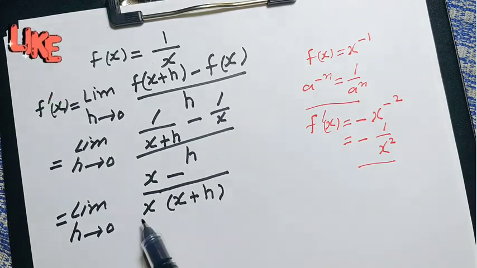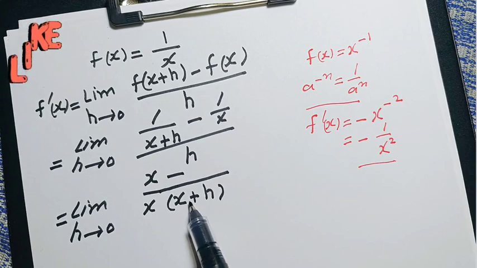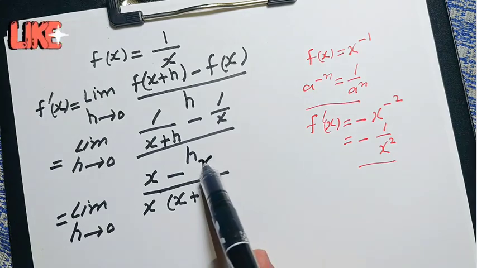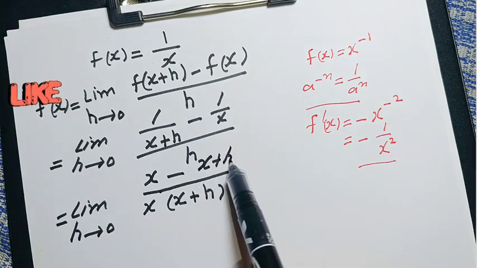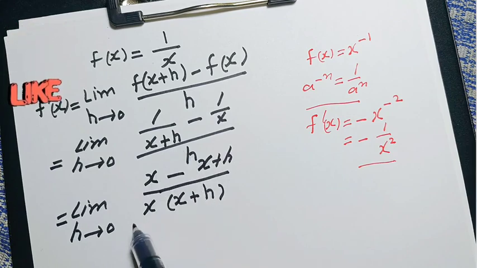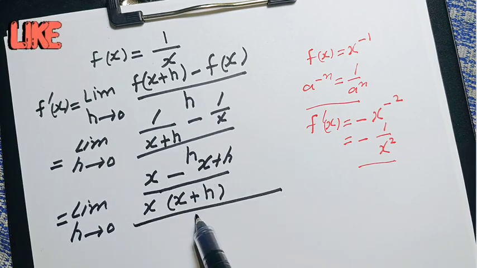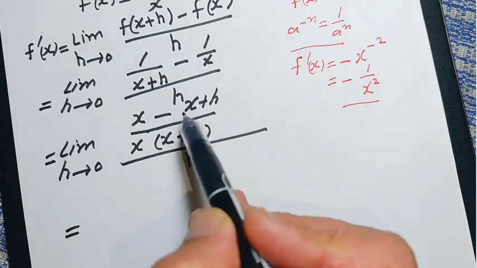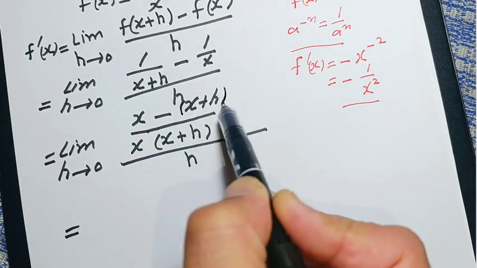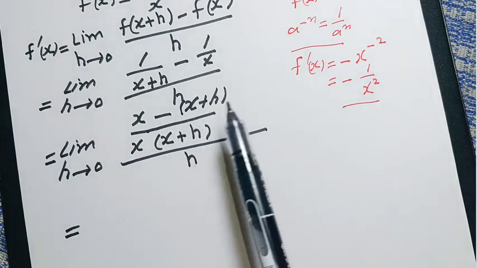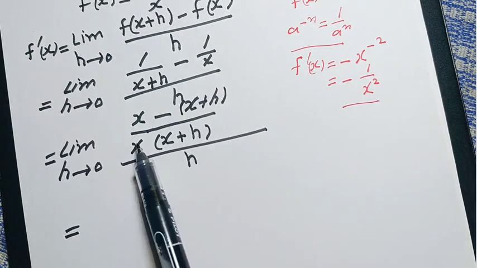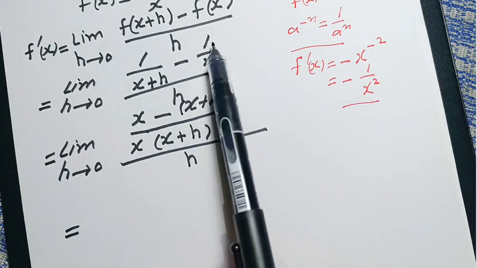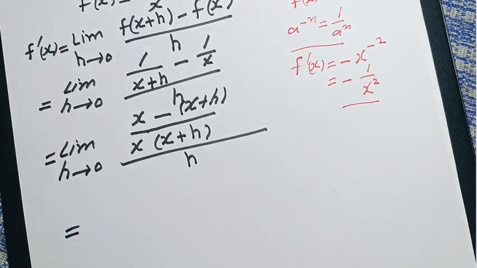Have a look here, x and x cancel, only x plus h is left. x plus h multiplied by 1 gives x plus h. And again the main denominator is h. Now there must be a bracket here, very important, because x and x cancel, and x plus h multiplied by 1 is x plus h, but outside is negative.